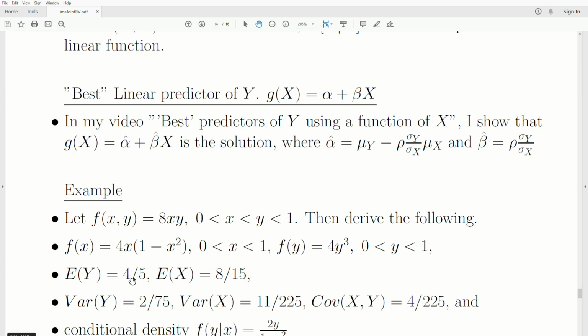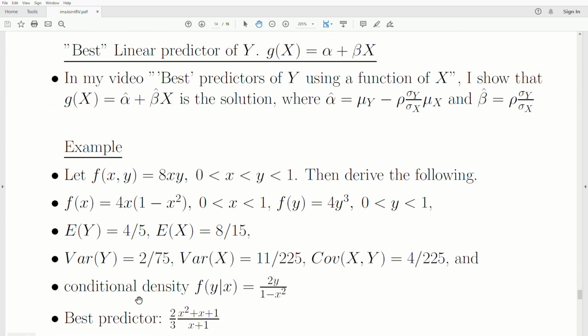So expected value of Y is 4/5, expected value of X is 8/15. The reason we're doing that is we have to fill in these values to find the best line. The variance of X is 2/75, the variance of Y is 11/225, and the covariance between the two is 4/225.